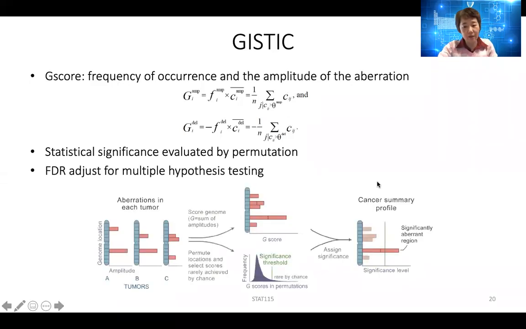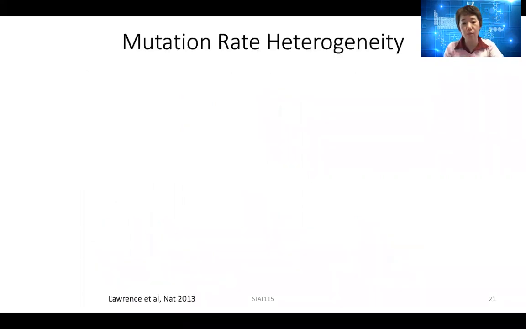So the idea is if something is repeatedly amplified in many tumors, not only do they occur frequently, but when they occur it's like 3 times, 5 times, or 10 times, that's usually a very strong indication this is an oncogene. Because you amplify it, then the patient gets a tumor, right? So the copy number gives you information. If you have a copy number loss and the patient has a tumor, that's more likely a tumor suppressor.